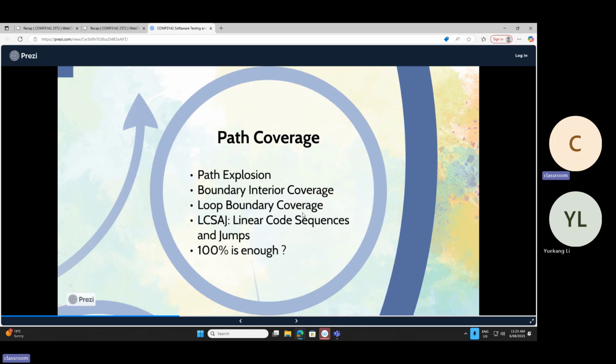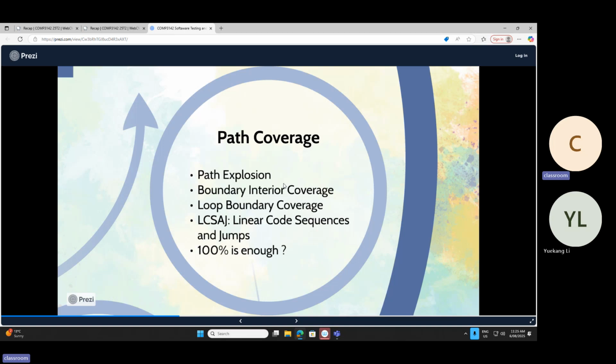In order to simplify the problem, we can have some other coverage metrics that are based on path coverage. The first one is called boundary interior coverage, which is related to the internal values inside the loop.